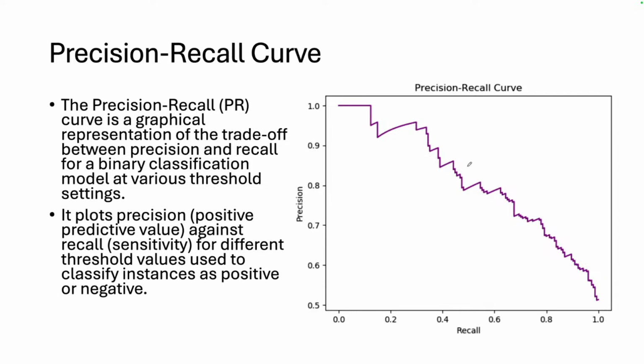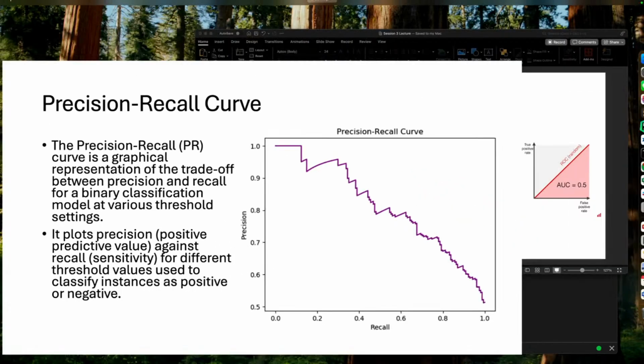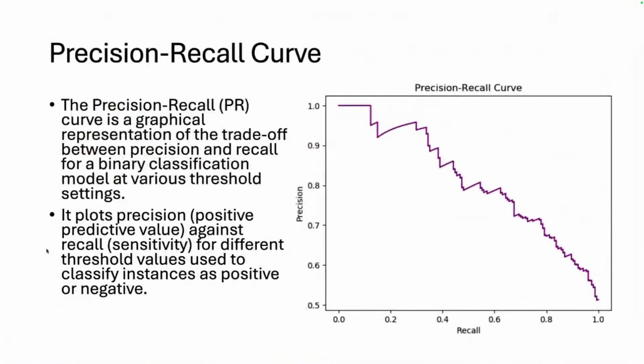So here we have the precision recall curve. Notice this chart is going the other direction. The other one was going left to right, and this one is going kind of right to left. We have precision on the left axis and recall on the bottom. The precision recall curve is a graphical representation of the trade-off between precision and recall across various thresholds.